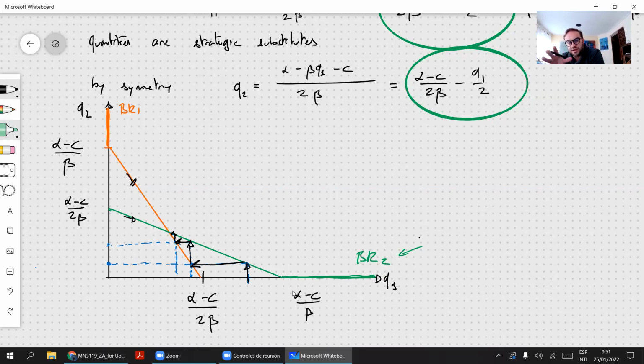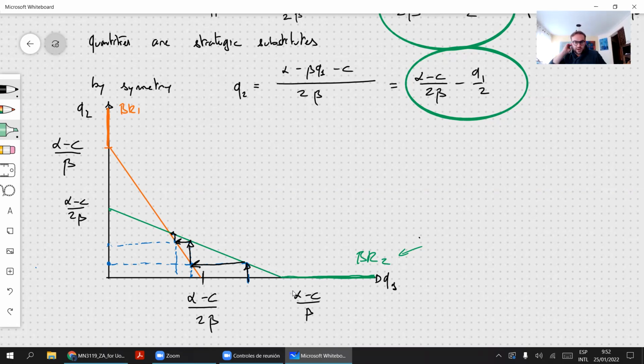In this general setting, you always have a Nash equilibrium, but suppose that the slope of the best response of 1 is flatter and of best response of 2 is steeper. In that case, instead of converging toward that point, we will have a diverging thing. This is not the case.